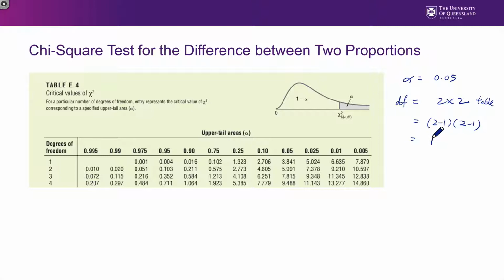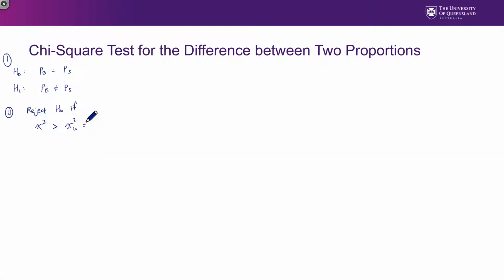So our degrees of freedom is 1, our upper tail area is 0.05, and that will correspond to a critical value of 3.841. So off the table, we know that the upper value for the chi-square is 3.841. So now we just need to work out what our chi-square is.